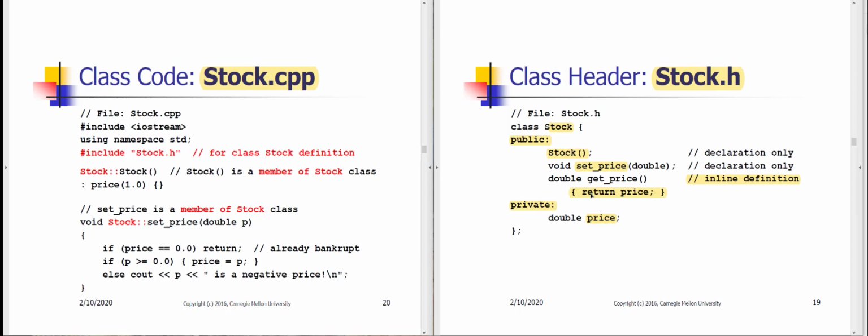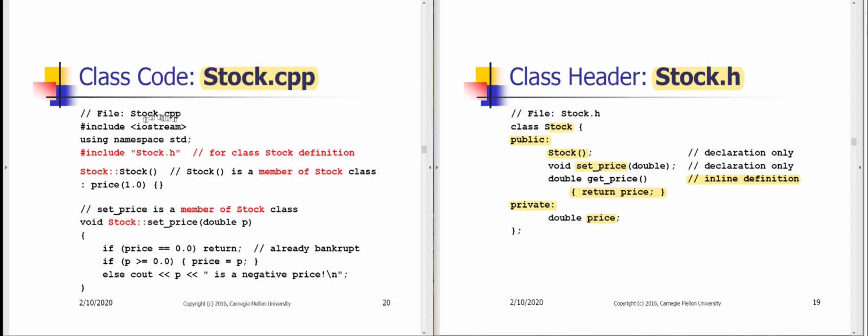Okay, so of the three member functions defined in the public section of this class, one has its definition defined inline. The other two only have declarations in the header. The definitions of those things have to go in the code file associated with this header file.